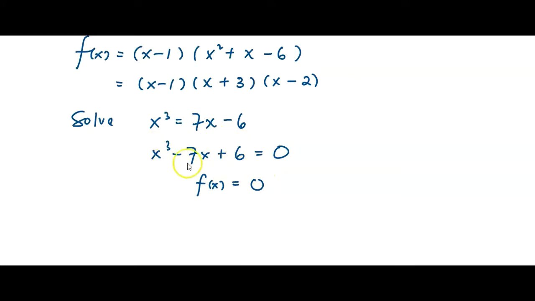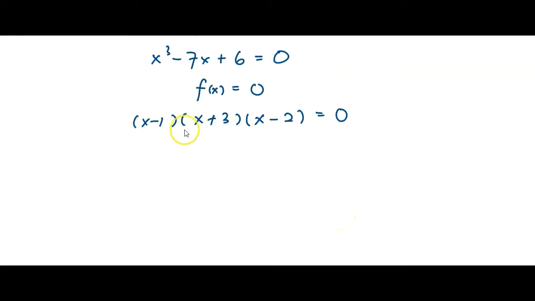Since this is equal to f(x), I can replace my f(x) with the factorized form. That is x minus 1 multiplied by x plus 3 multiplied by x minus 2 equals 0. So now this is already in the factorized form. If you want to solve this cubic equation, it will be so simple.